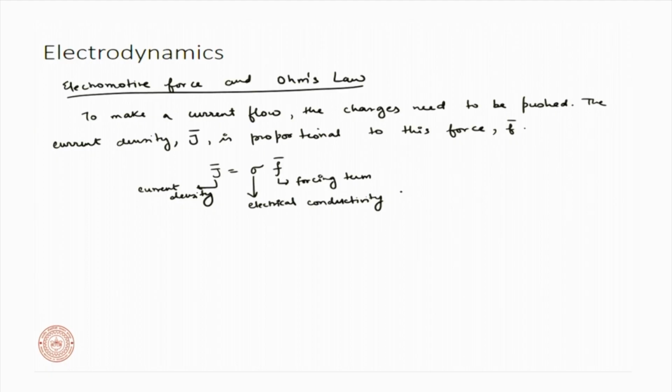With the unit, it is the inverse of the resistivity. So, if the resistivity has a unit of ohm meter, then this will be Siemens per meter, right. Siemens is 1 by ohms. Okay. The relation between conductivity and resistivity is sigma equals 1 by rho, where rho is the resistivity.